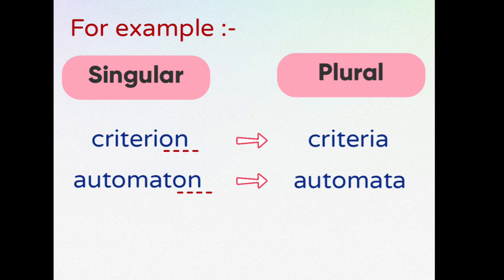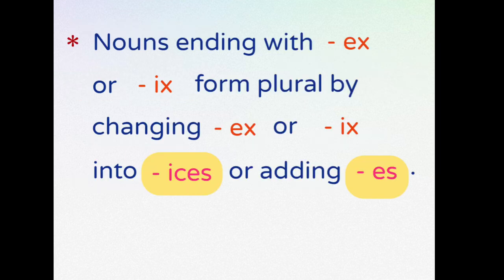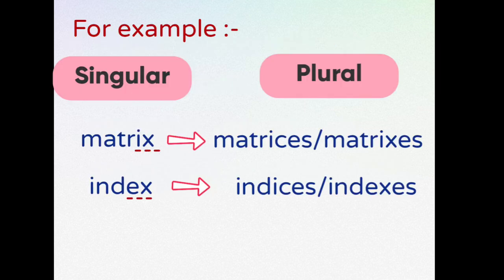Okay. So next point is nouns ending with ex or ix form plural by changing ex or ix into ices or adding es. Okay, so we'll have a look at examples related to this. For example, matrix. It is ending in ix.